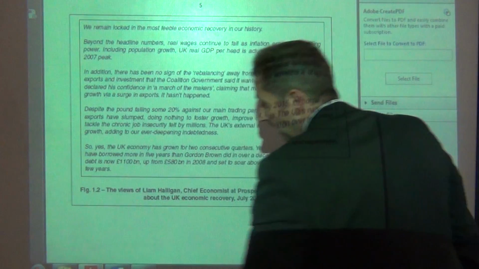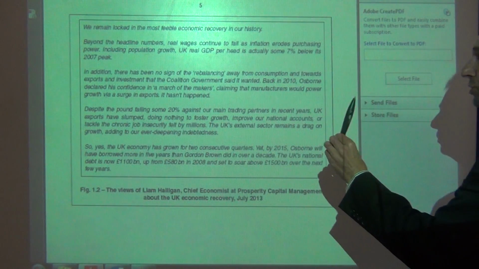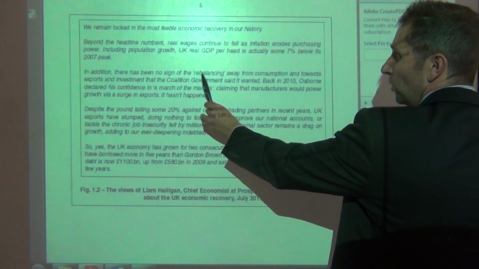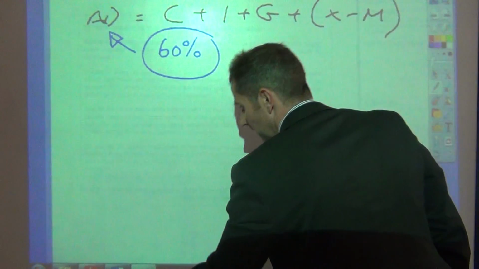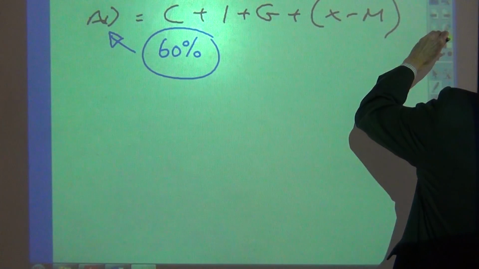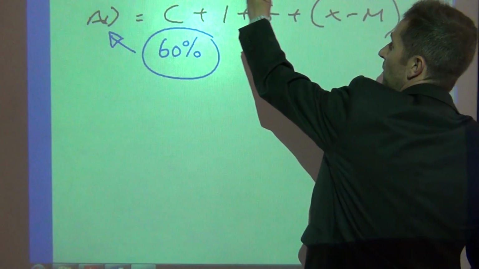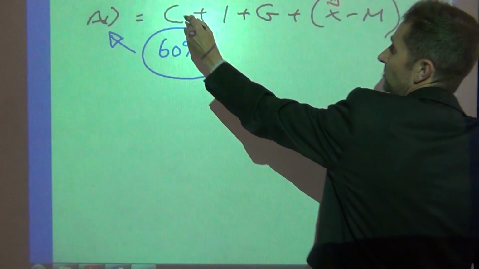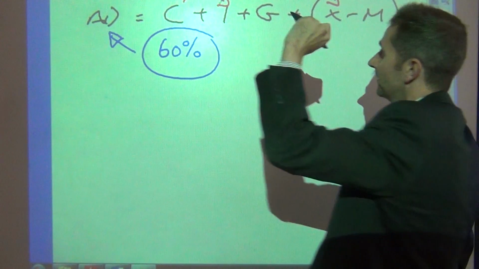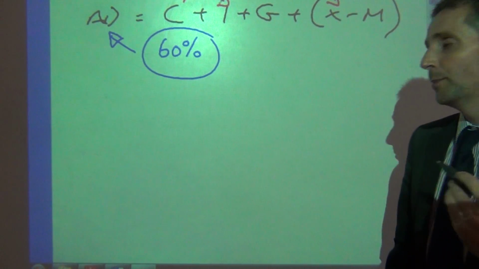Now, Halligan is saying here that this switch and this so-called rebalancing away from consumption and towards exports and investment, he is saying that this hasn't happened.